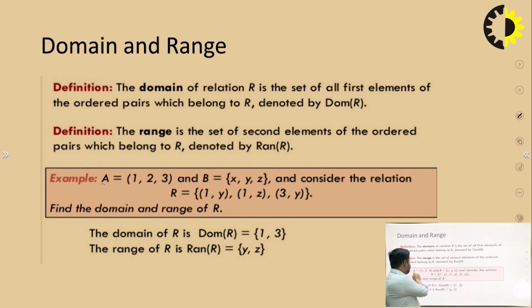Here set A contains 1, 2, 3 and set B contains X Y Z, and consider the relation given as 1 Y, 1 Z and 3 Y.